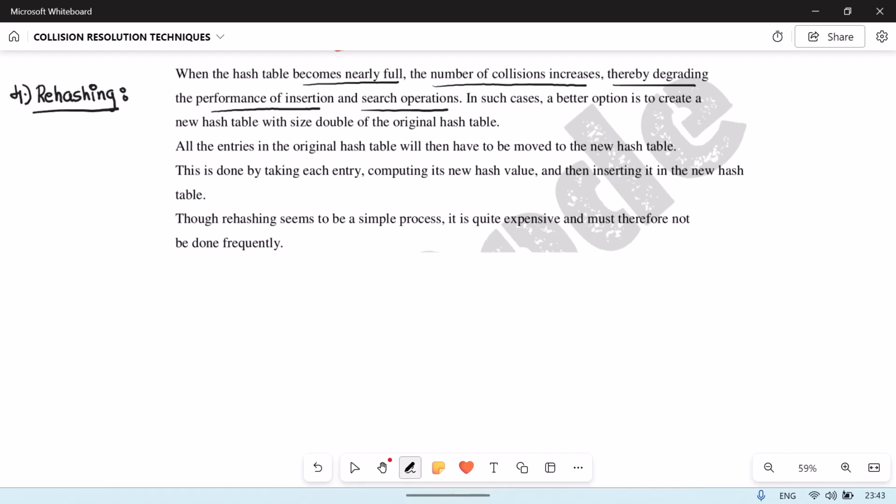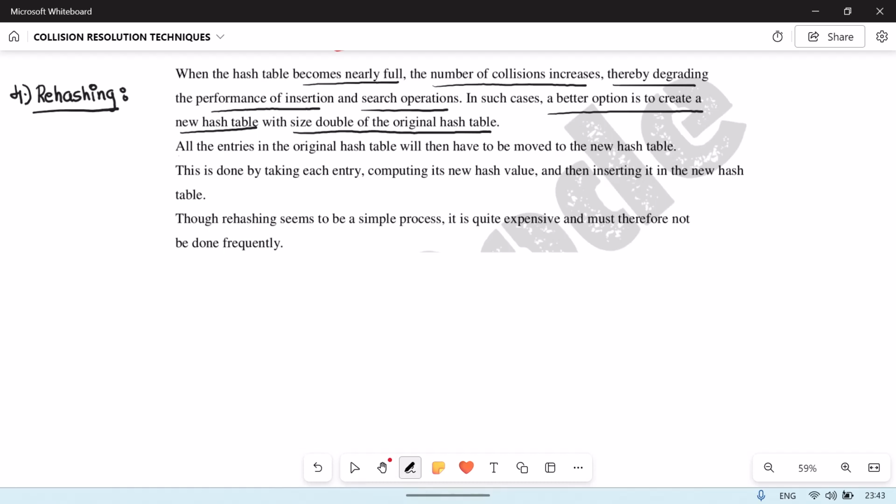In such cases, a better option is to create a new hash table with a size double the size of the original hash table. When you have a hash table and most of the values are filled in it and you want to insert another value, it might lead to a lot of collisions. So we will double the size of the hash table, but it is not exactly doubling; some minute calculation needs to be done.